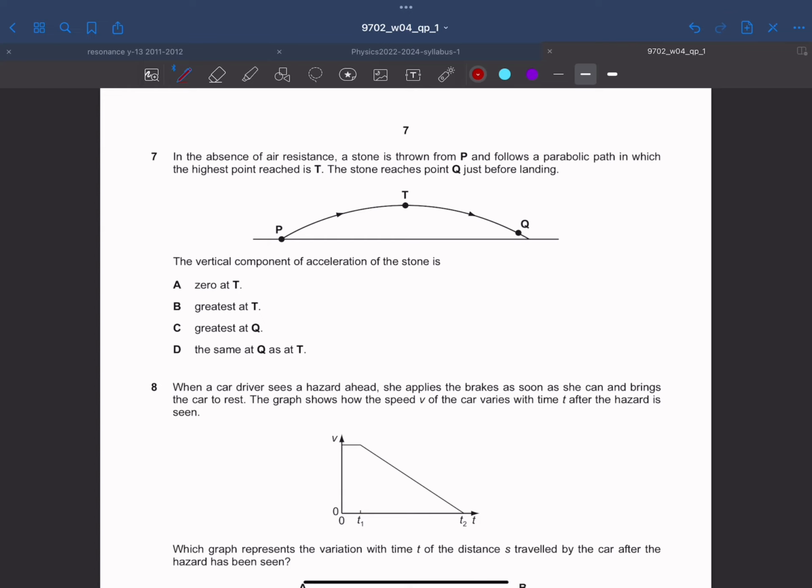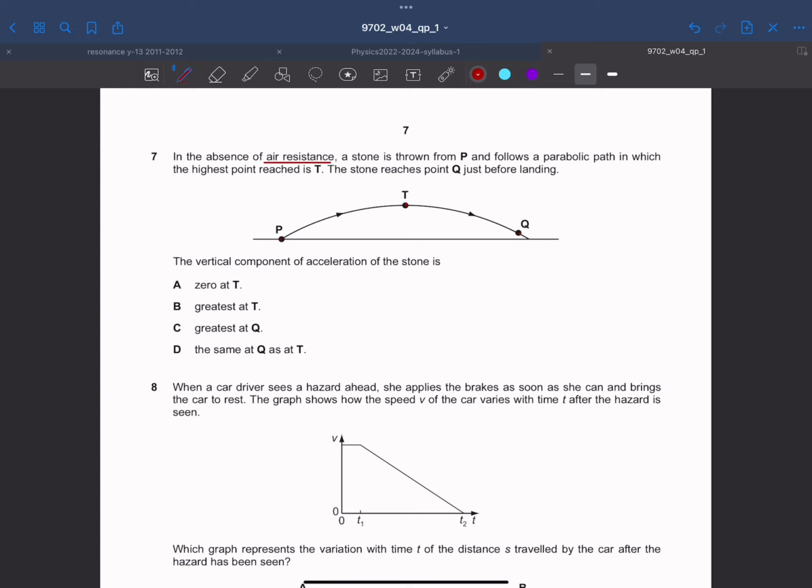In the absence of the air, this is the basic condition for the projectile motion. In the absence of air resistance, a stone is thrown from P and follows a parabolic path in which the highest point reached is T. The stone reaches point Q just before landing. So this is the information they have given.